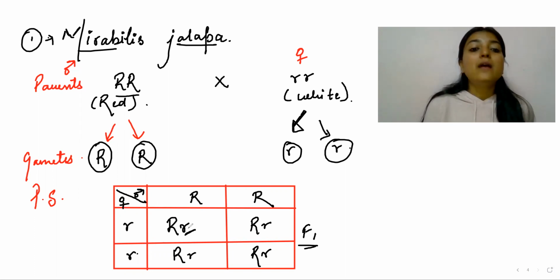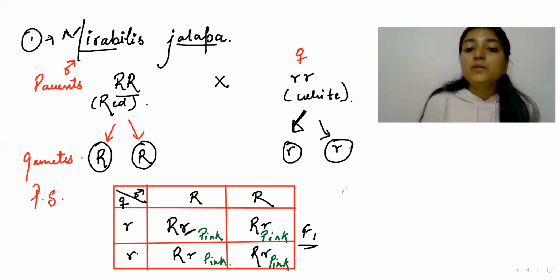It means the flower color or the offspring color will not be red in color. It will be pink in color, because the dominant here is not able to completely express itself. Now all the four types of offspring will be pink in color.